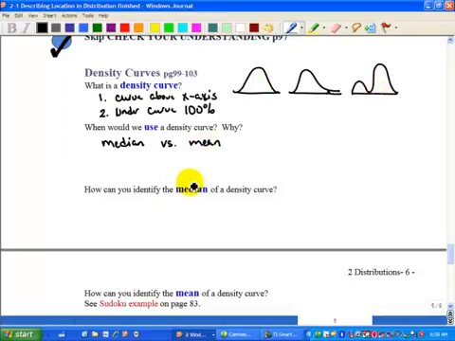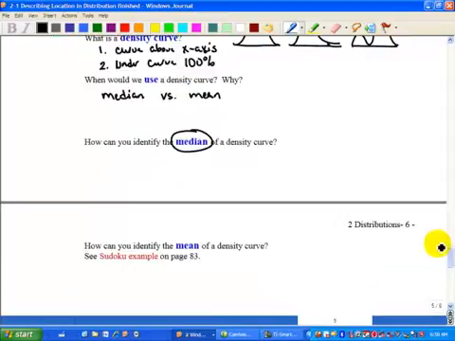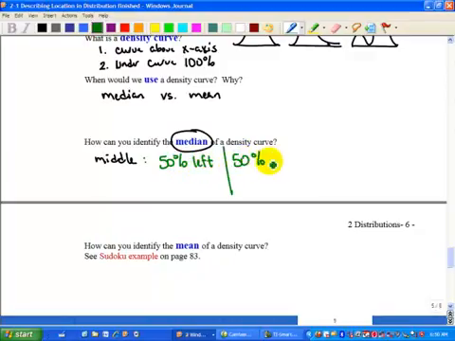How can you identify the median? Okay, so you say to yourself, well, I know that median is the middle. So the way I identify where the median is, I just need 50% of the data on the left and 50% of the data on the right.